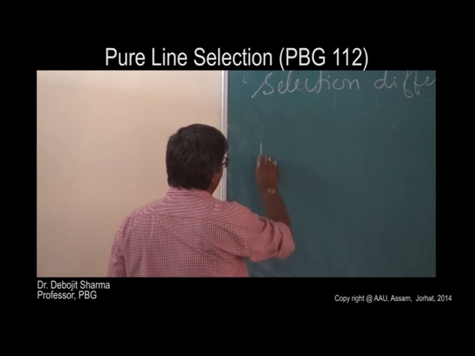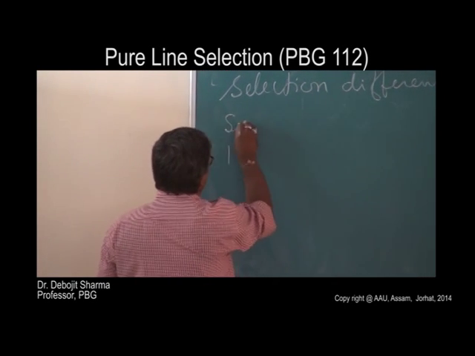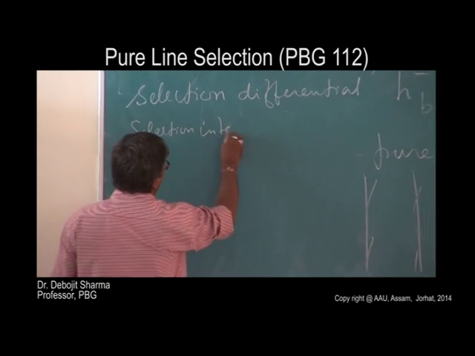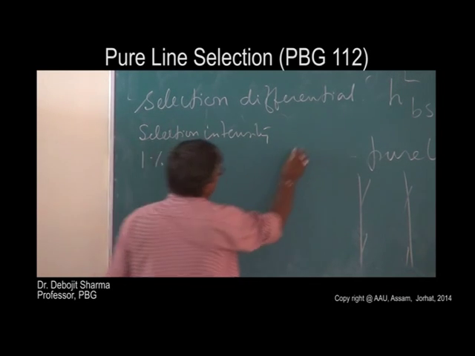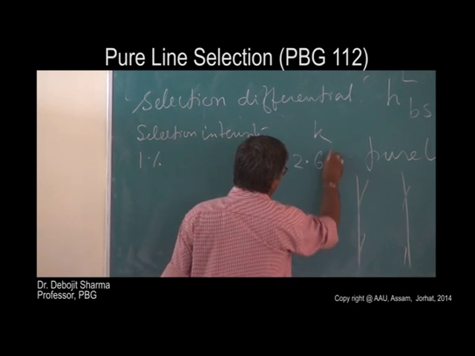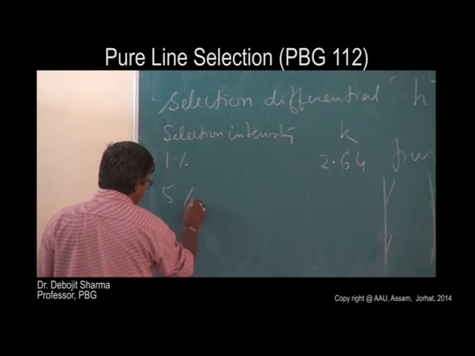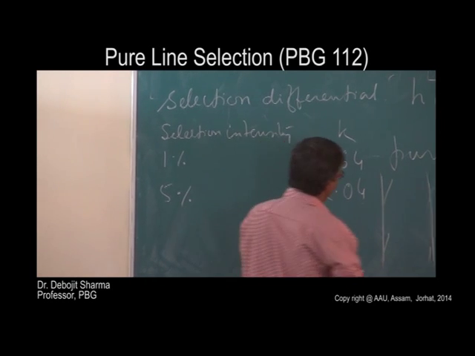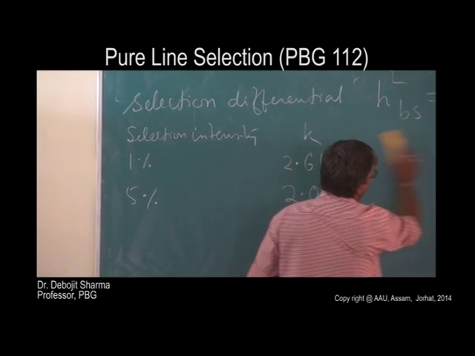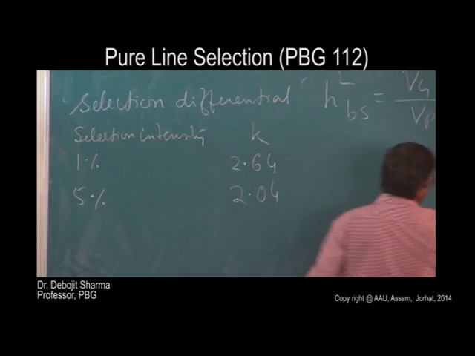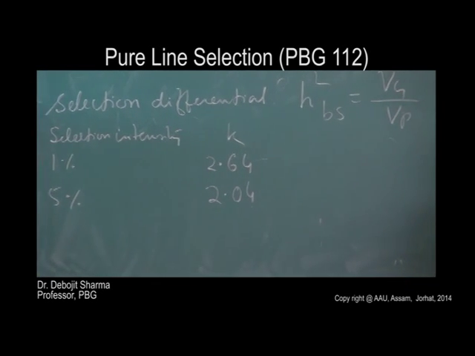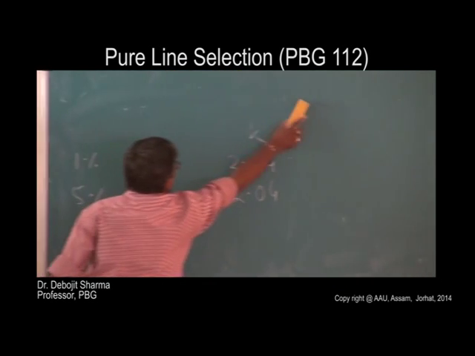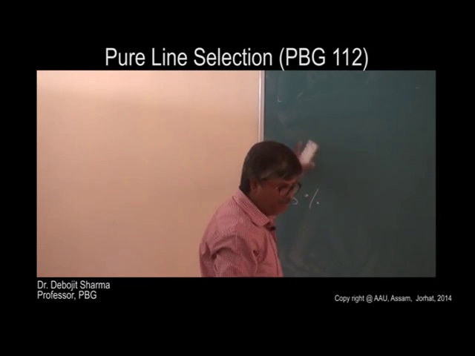For 1% selection intensity, the K value is 2.64, and for 5% the K value is 2.06. So this you can have from the table.